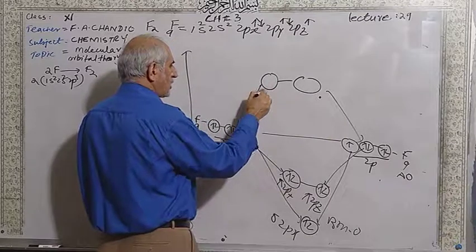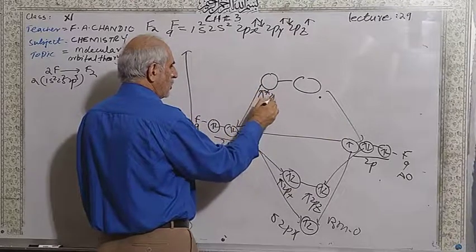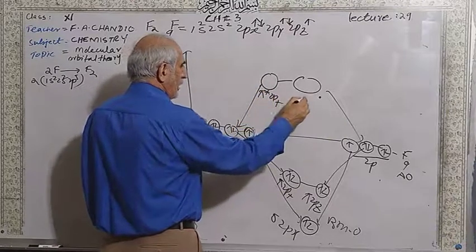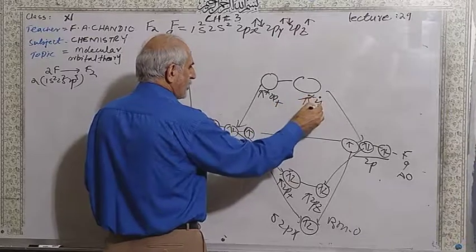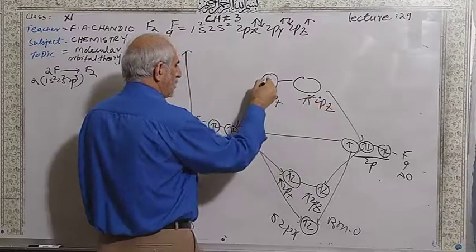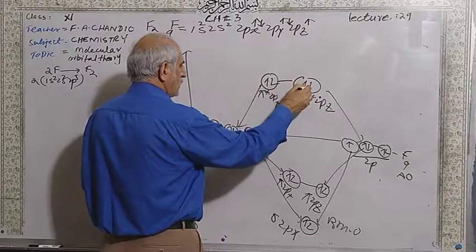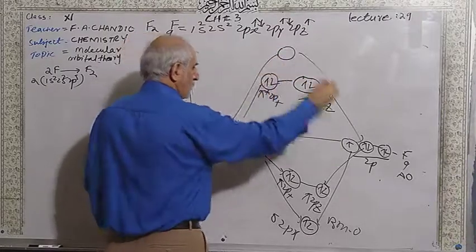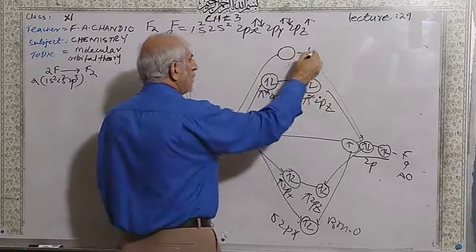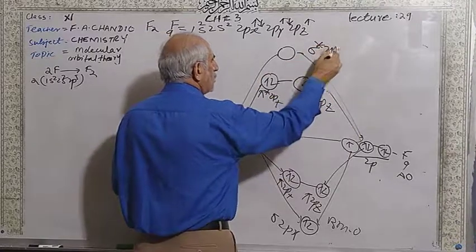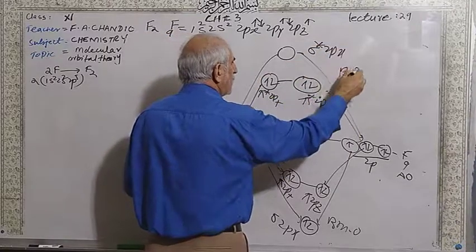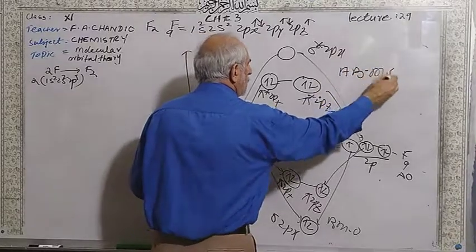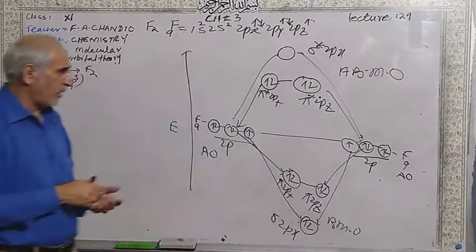Then pi star 2py and pi star 2pz. This is sigma star 2px, an anti-bonding molecular orbital.